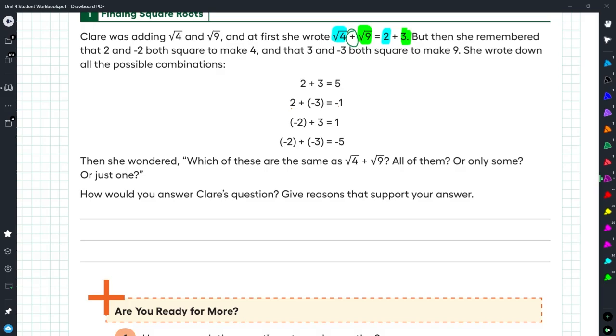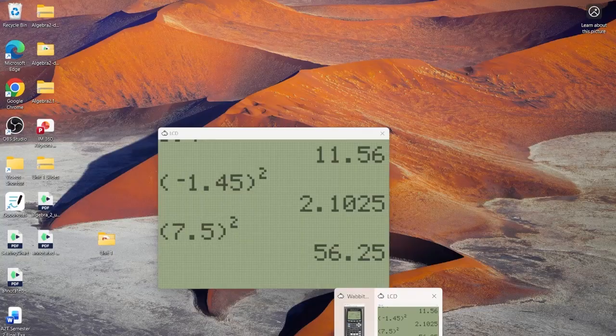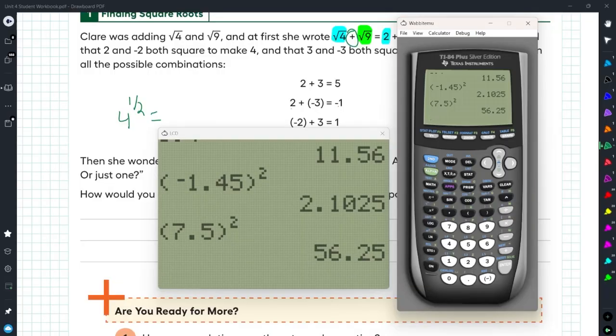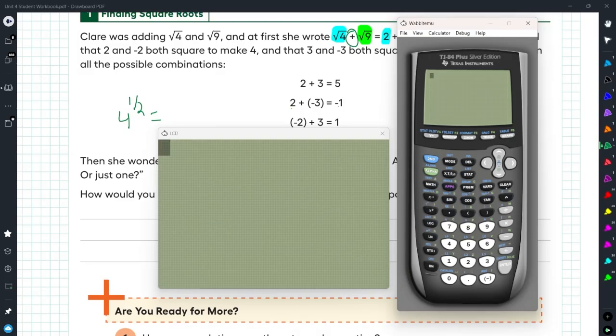To answer this question, when we take the square root of a number, that is the 1/2 power. So 4 to the 1/2 power. We talked about this the other day, that if I have a positive number raised to any power, my answer is going to be positive. 4 to the second power is 16. 4 to the 1/2 power is 2.